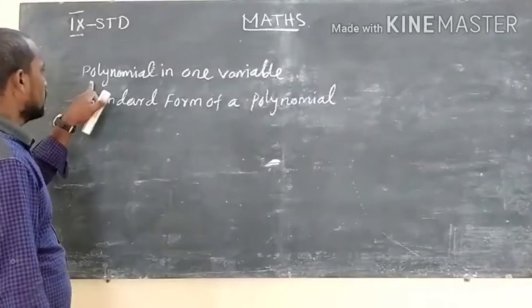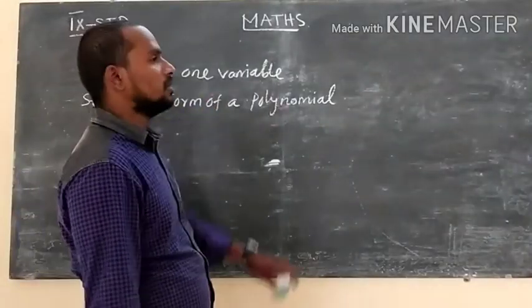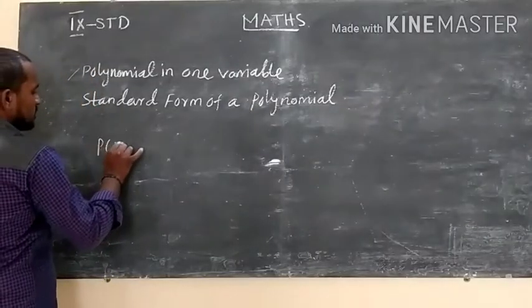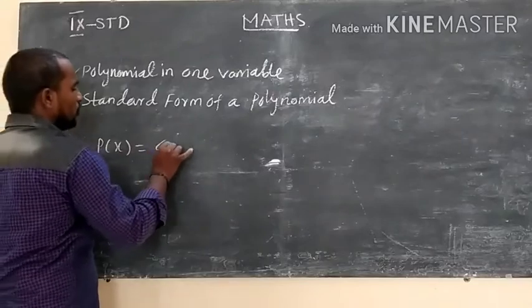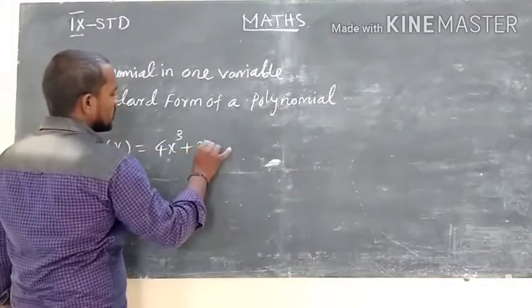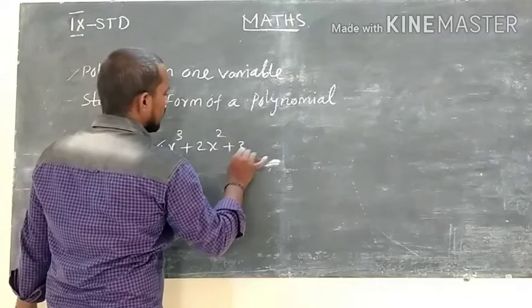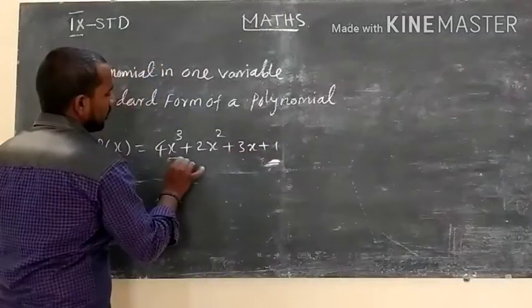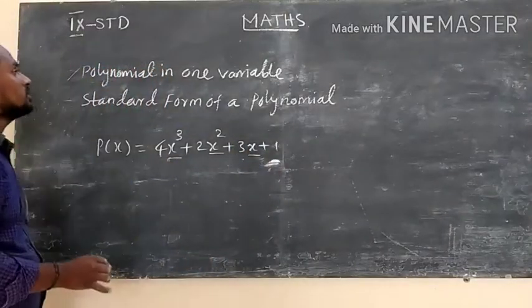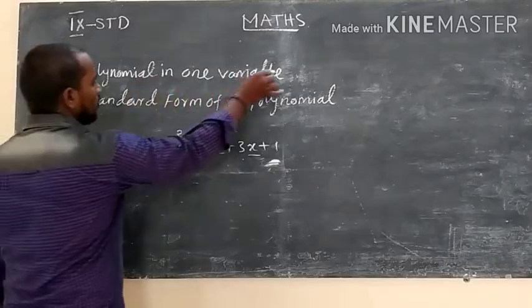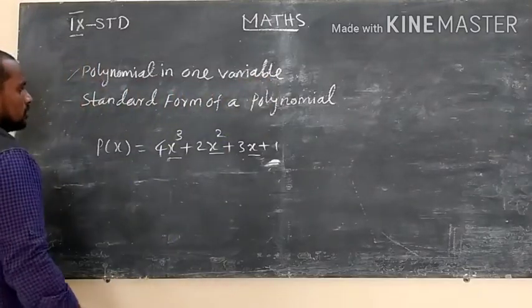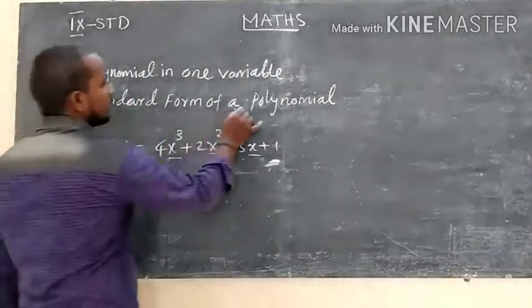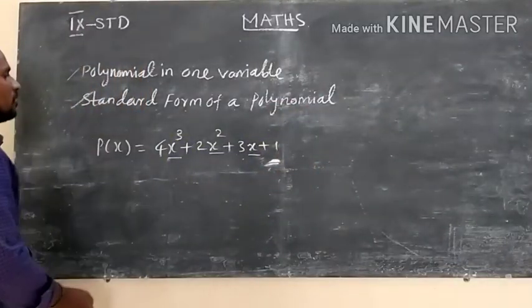Dear students, next, the polynomial in one variable. So p of x equals 4x cubed plus 2x square plus 3x plus 1. Here only one variable is used. This is a polynomial in one variable. Then the standard form of a polynomial.